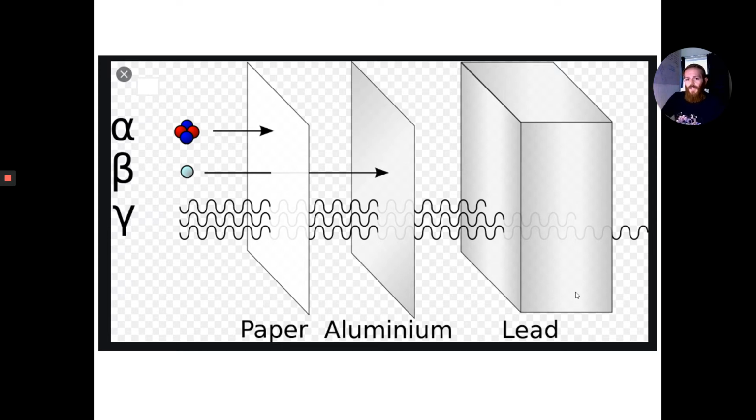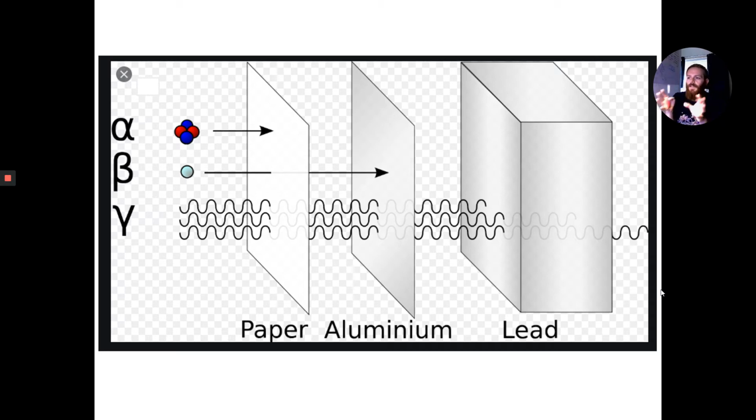That is not to say that diagram gives you any indication realistically of how ionizing they are, but it also kind of does if you think about the sizes of them. If we're talking about how ionizing something is, as in how likely is it that one of these sources of radiation is going to be able to knock an electron off something else, then alpha's going to take the prize there because it's massive.